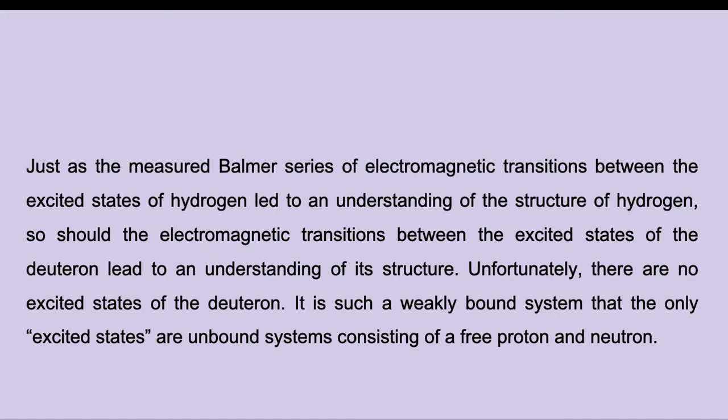But for a deuteron, there is no excited state. It is such a weakly bound system that the only excited states are unbound systems consisting of a free proton and a neutron. So, since they are weakly bound, you can say that their binding energy is somewhat low.